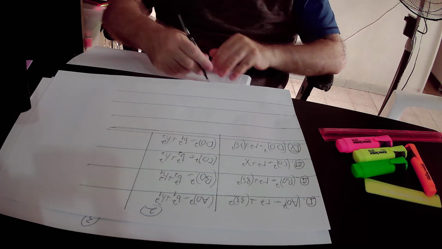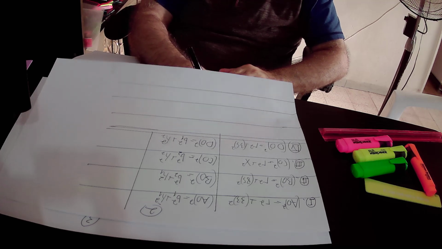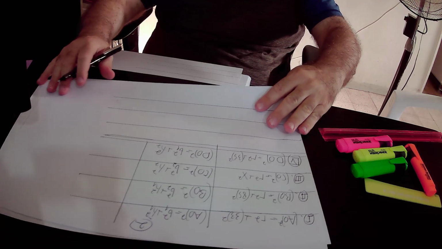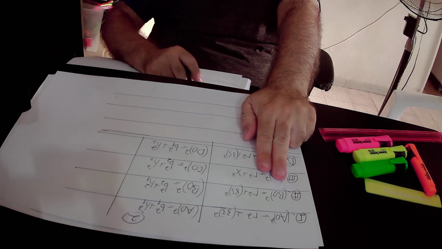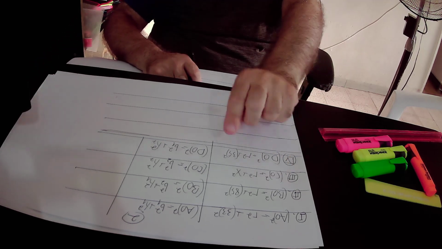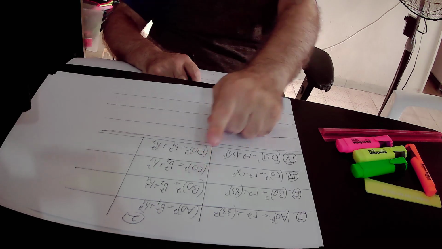Likewise, we create equation number 2 that states that BO square according to equation number 1 must be equal to BO square according to equation number 2.